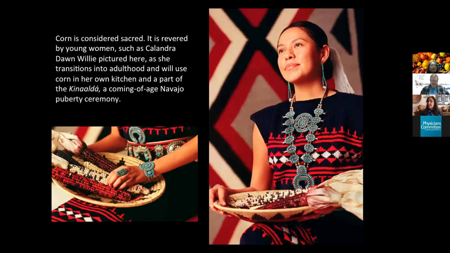And we can see corn in a variety of ceremonies. Here, this is Calandra, who now lives in Albuquerque, but she's from the Navajo Nation, and she will use corn as part of her Kinaalda, and the Kinaalda is the coming of age ceremony. So you can see that corn is being used for the passage from girl to woman.